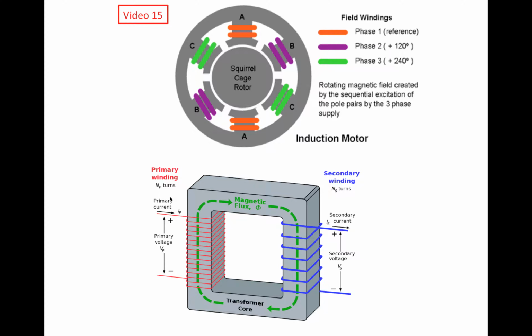When we were talking about the induction machine back in video 15, we emphasized that there is no direct electrical connection between the stator and the rotor. The current inside the rotor is purely induced by the magnetic field created inside the stator based on Faraday's law.